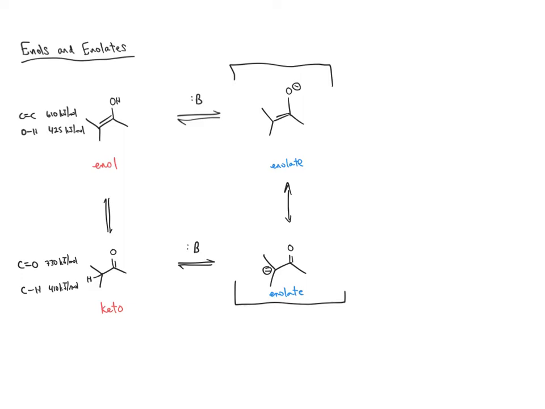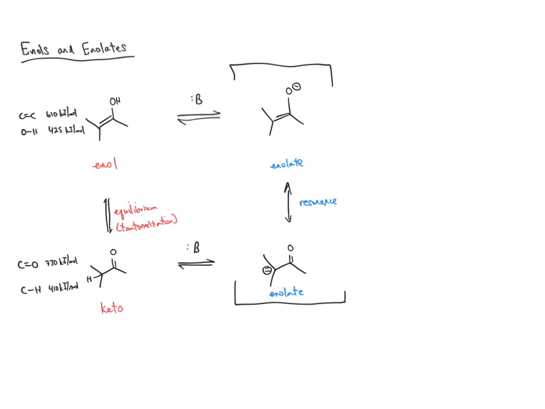And so in the case of the enol to keto tautomerization, this is a true equilibrium. Right, this is the tautomerization. But in the case of the deprotonated enolates, this is a different type of arrow. This is a series of resonance forms.